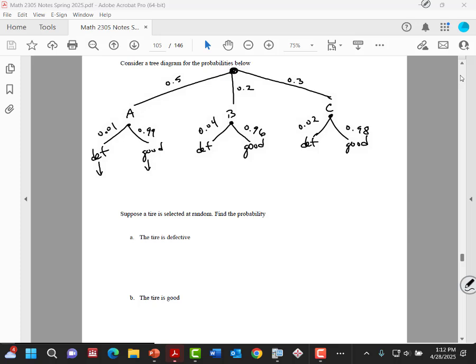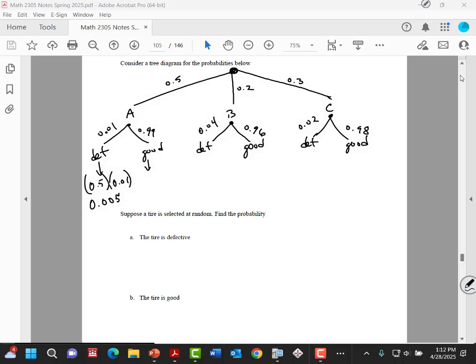Meaning, if I go 0.5 times 0.01, I would get 0.005. Okay? What is this?